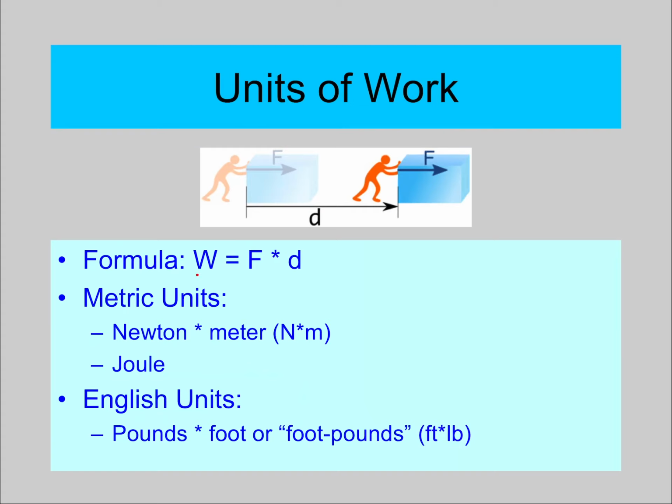So units of work. Well, if the formula is work equals force times distance, that's what the definition told us, there are going to be two different types of units, metric units and English units. Remember, we have our two different measurement systems. So in the last chapter, we learned that force is typically given units of newtons. Distance, if you remember back to our fundamental units, are usually in meters.